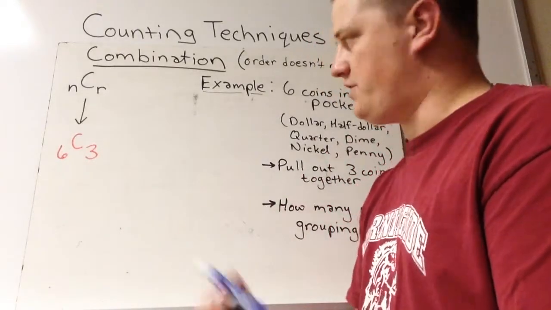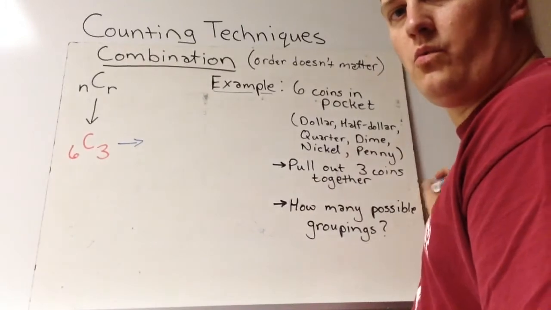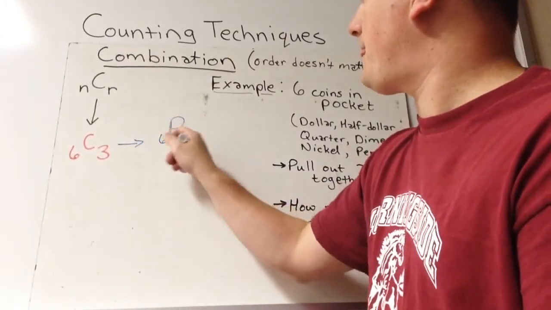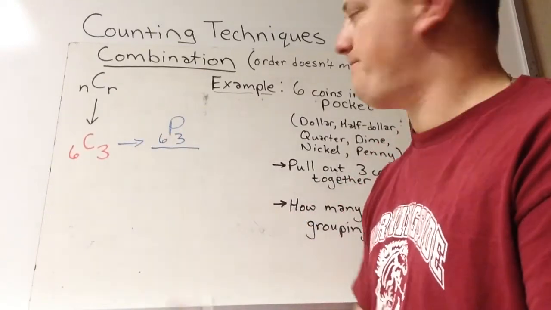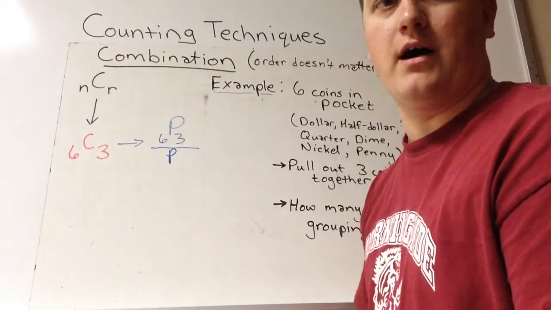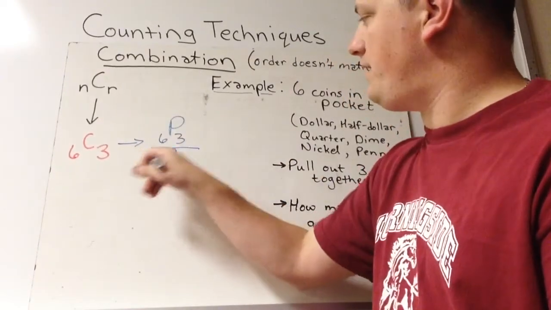So in this situation, what we do is a little bit different. We take the permutation divided by the permutation of how many spots there are. So since this is 3, these are both 3.